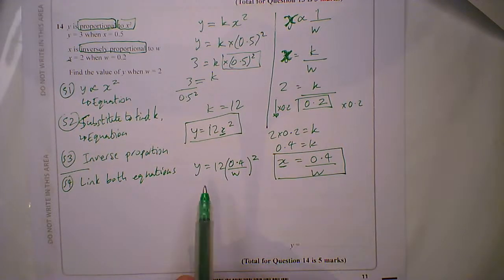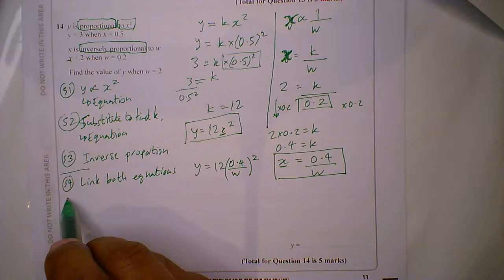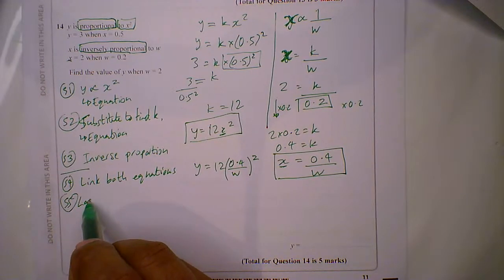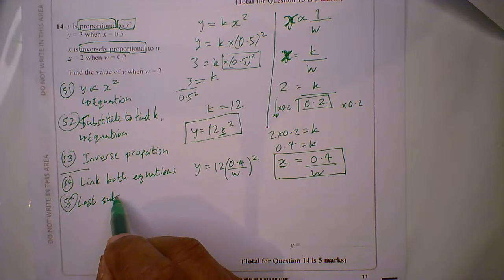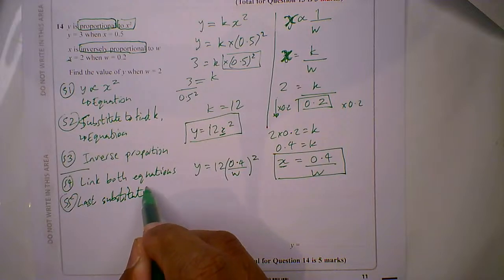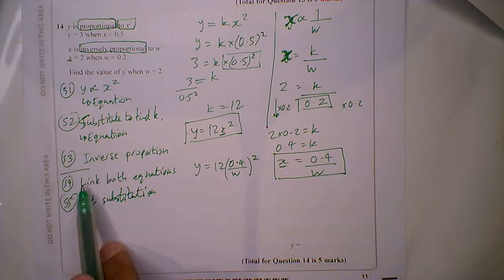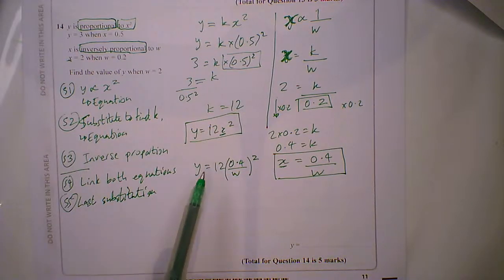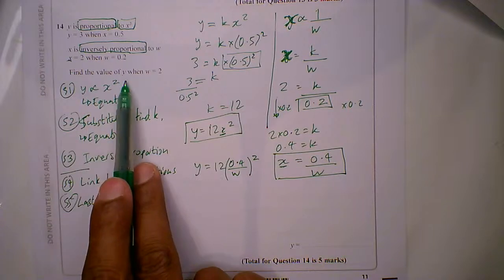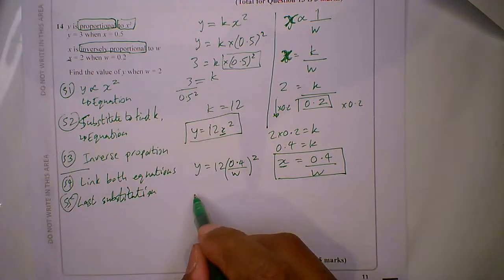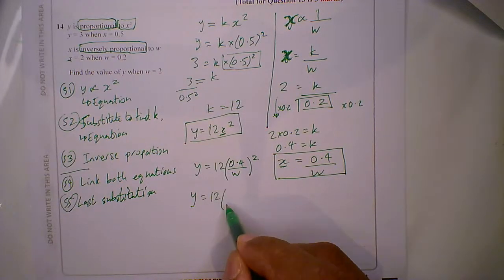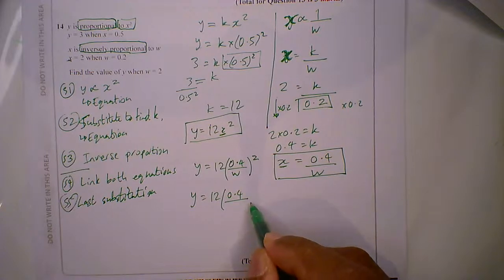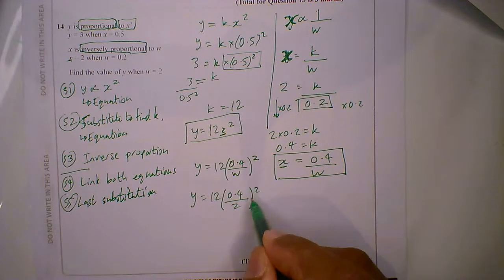Okay, and now we can carry on with our last substitution. Notice what I've done: I've stopped here with this line to show I need more thinking time. Find the value of y when w equals 2. So y equals 12 bracket 0.4 all over 2, all squared.